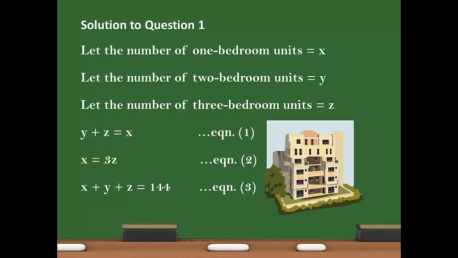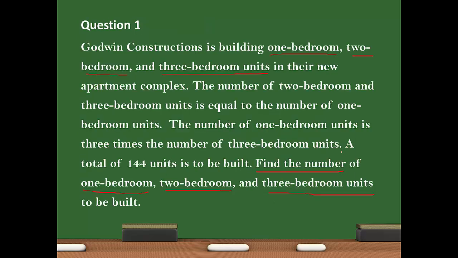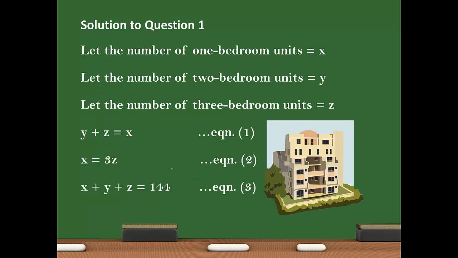So that means that x is equal to 3 times z. That gives you equation 2. Then a total of 144 units is to be built. So the number of 1-bedroom plus the number of 2-bedroom plus the number of 3-bedroom units should give you 144, and that makes the equation 3.